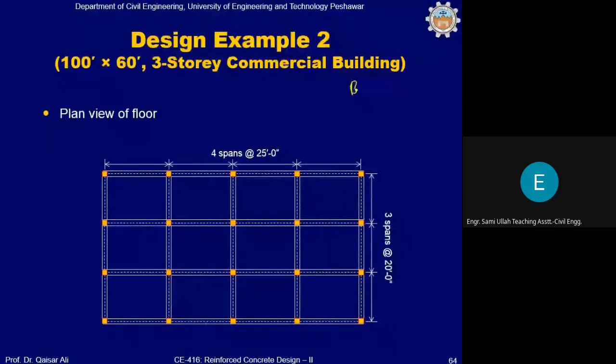Beam size is equal to 14 by 20 inch. Total weight acting on the slab is equal to 0.336 kip per square foot.